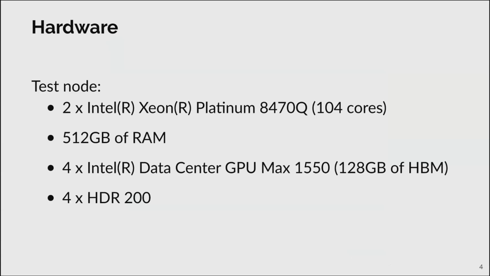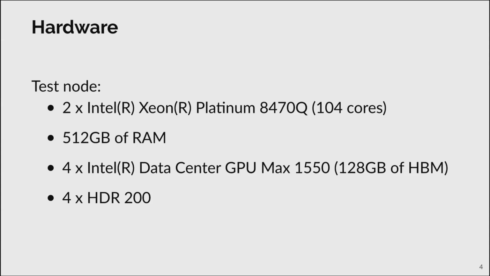It has half of a terabyte of RAM, and what is most important for us, it has 4 Intel GPU Max 1550 cards, previously known as Ponte Vecchios. They changed the nomenclature some time ago. And it also has two HDR200 NICs.